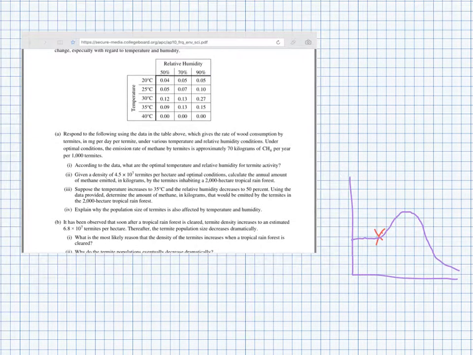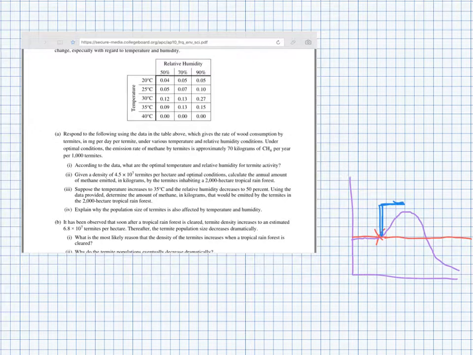The question is, why do we see this increase? What happens as a result of deforestation to cause the population to have a shift in this steady carrying capacity, and then to drop below that carrying capacity?